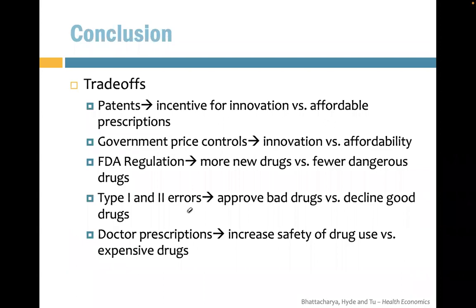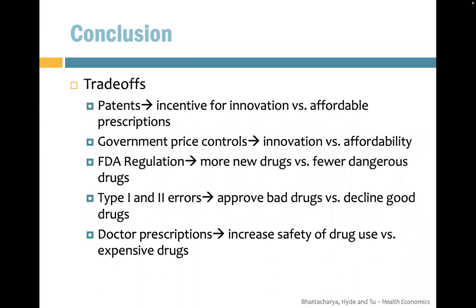All right, so the conclusion of this chapter is we have a lot of trade-offs for patents. We have trade-offs between incentive for innovation and affordable prescriptions. For government price controls, we have trade-offs between innovation and affordability. For FDA regulations, we have trade-offs between more new drugs and fewer dangerous drugs.